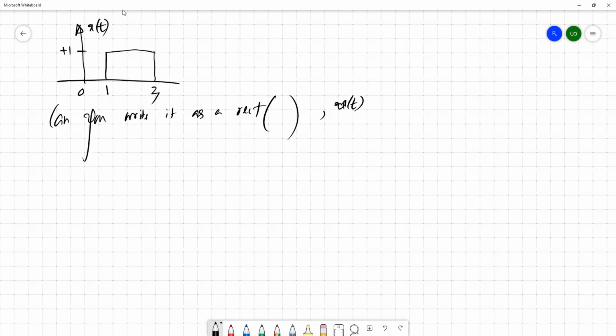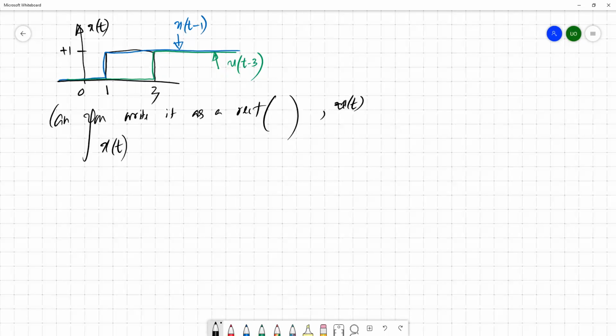We can easily write x(t) using unit steps. We can have one unit step like this, which is actually u(t - 1). The other unit step is something like that, which is u(t - 3).